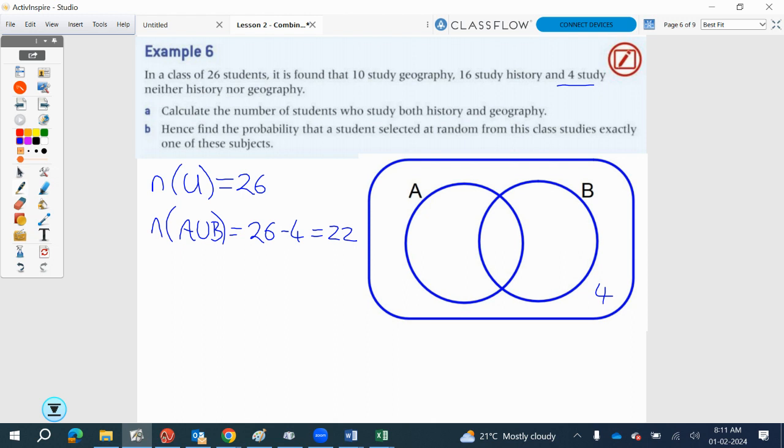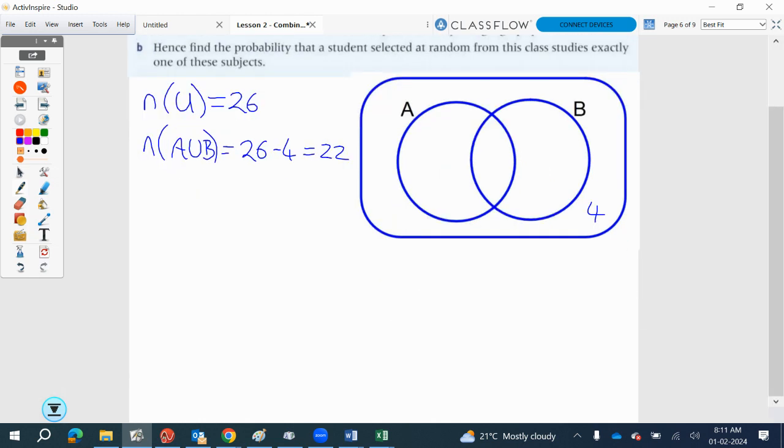Now, this formula can be rewritten to talk about the number of elements in the set. It doesn't have to be just used for the probability. So the number of elements in A union B is equal to the number of elements in A plus the number of elements in B minus the number of elements in A intersection B.